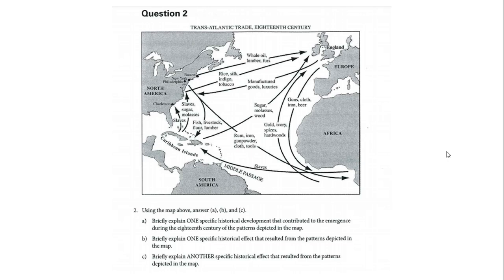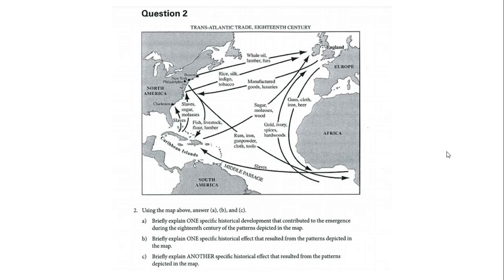They could simply say, think about transatlantic trade, and then answer these questions. But the map is there to act as a stimulus, maybe to help you out a little bit, give you a little bit of a reminder as to what was being traded back and forth. But the image isn't particularly important in answering this question. Now, if you look at the parts of the question, you can see that they are pretty straightforward.